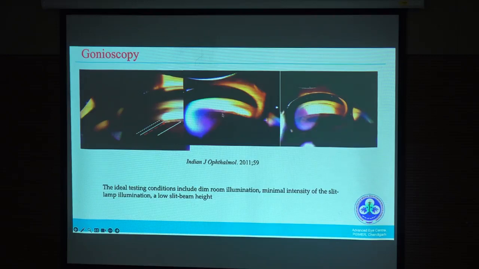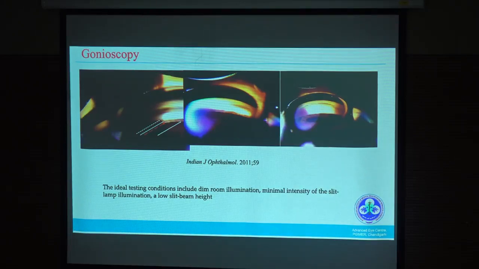In the second picture, there is overexposure: a bright light causes an open angle. If you reduce the light, it becomes a closed angle. So adequate conditions include dim room light illumination, minimum intensity on the slit lamp, and a low slit height, so minimum illumination.